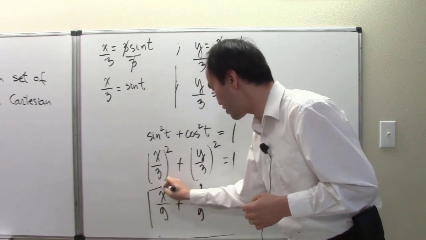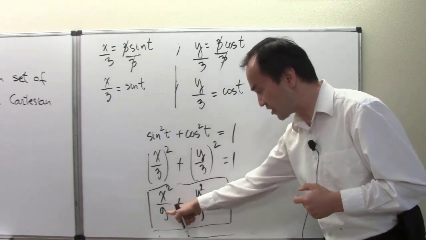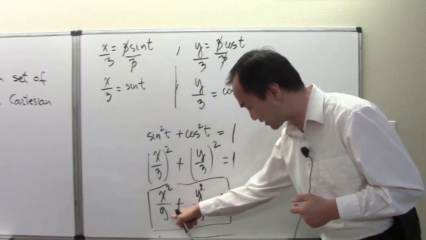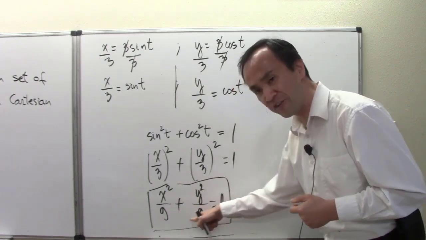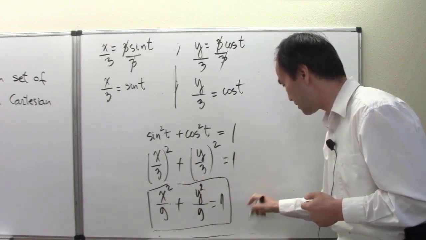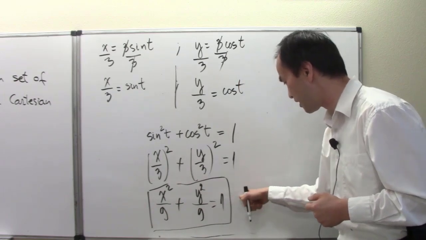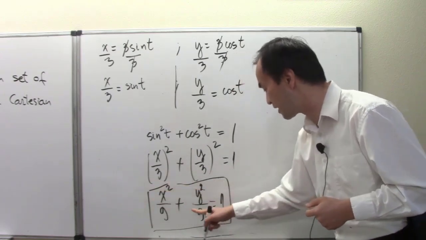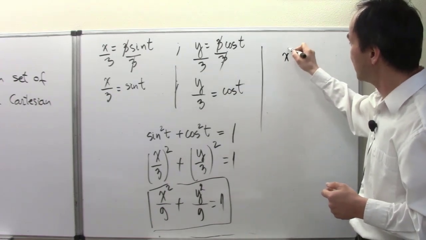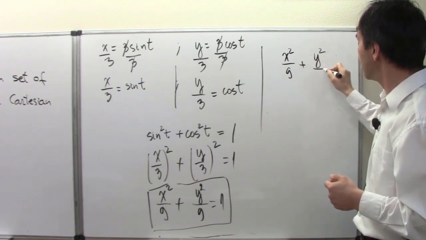I can take this just fine. But since this Cartesian equation has a common denominator, we can think about multiplying both sides of this equation by 9. Scratch work is showing like this: x squared over 9 plus y squared over 9 equals 1.